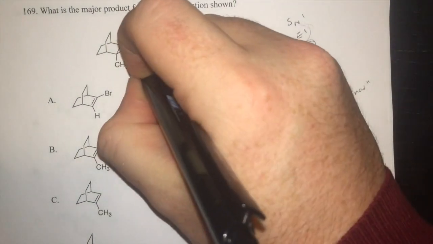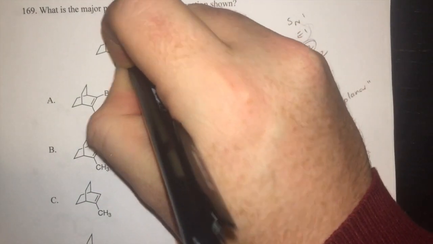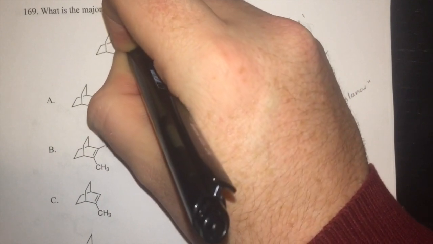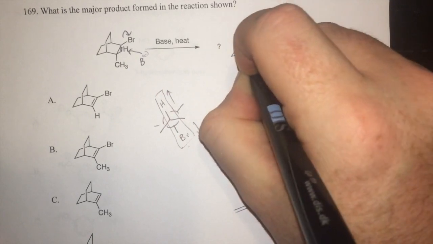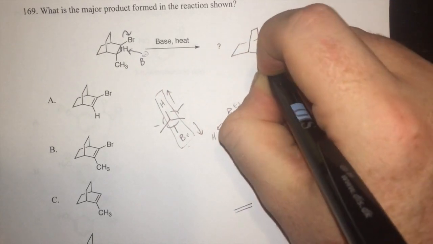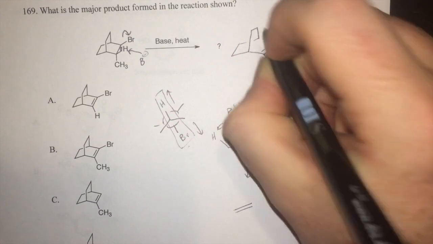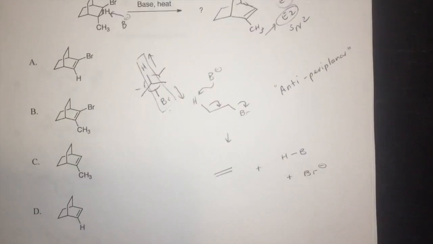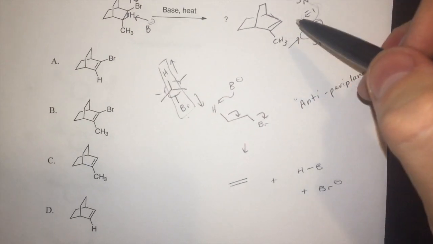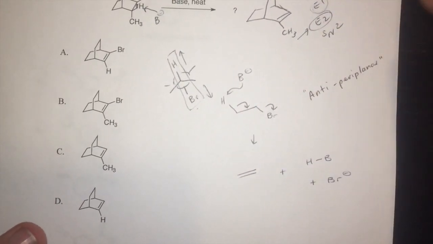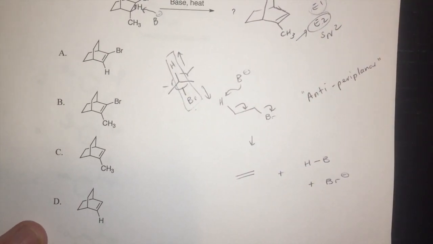So the base, in this case, will grab that proton, it'll dive down, it'll form the alkene there and kick the bromine out, and you will still get your alkene product like so with the CH3 there. I apologize for my poorly drawn structure, but there's the CH3 right there, okay? And so this is a rare and interesting E2 reaction.